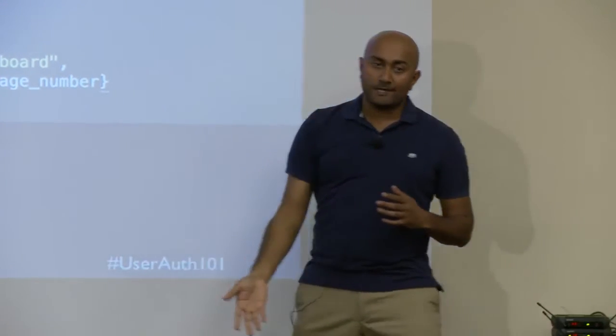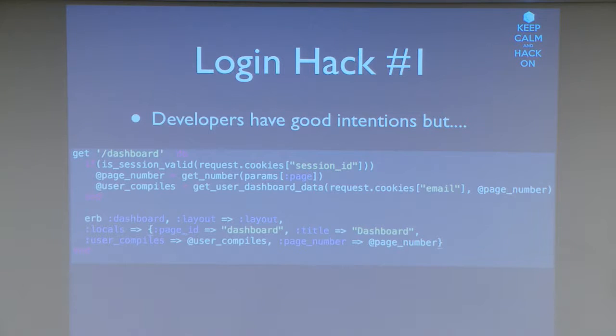So one of the things you want to check here is, okay, I got back a session ID. Is the email that is in the session the same email that somebody is trying to submit to me? It's one of those things you want to keep track of.